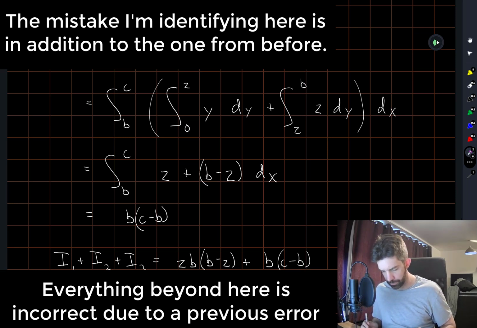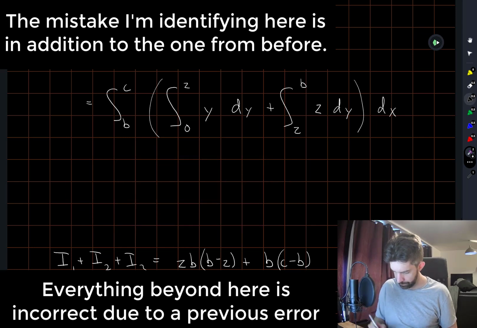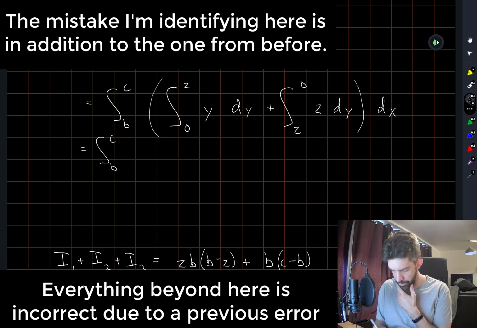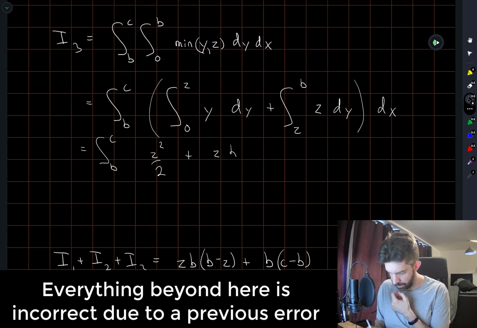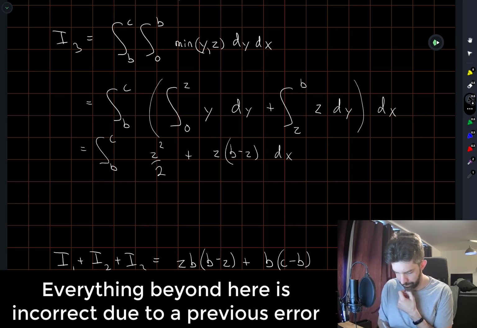My computation for I3 doesn't look correct. So this should be z squared over 2 plus z times (b minus z), all that dx.